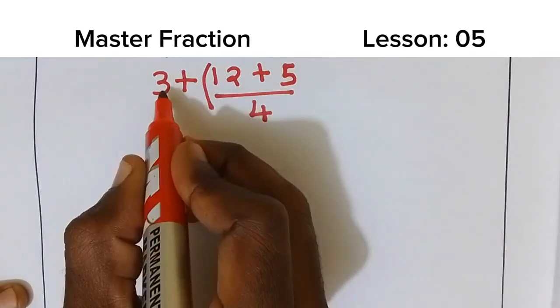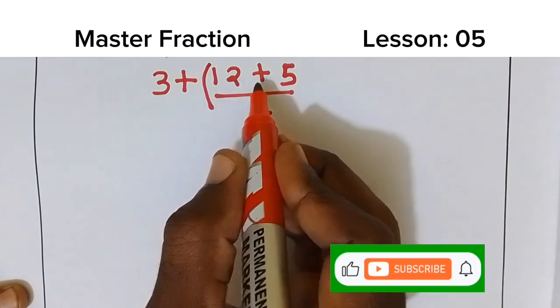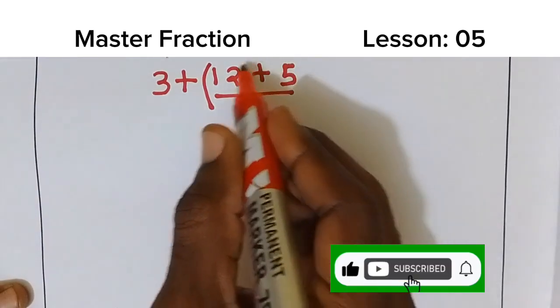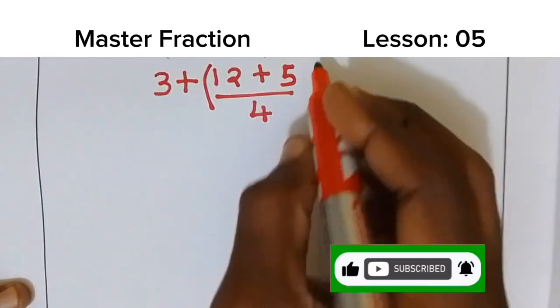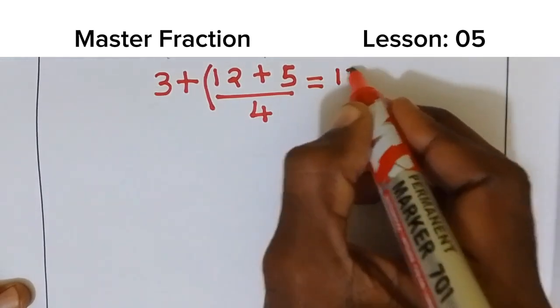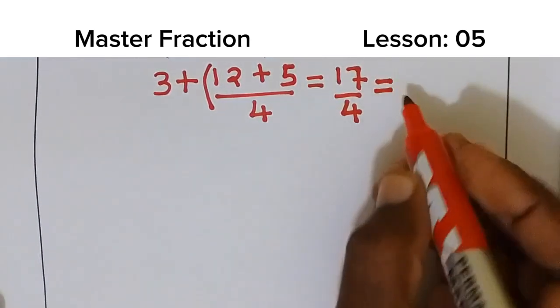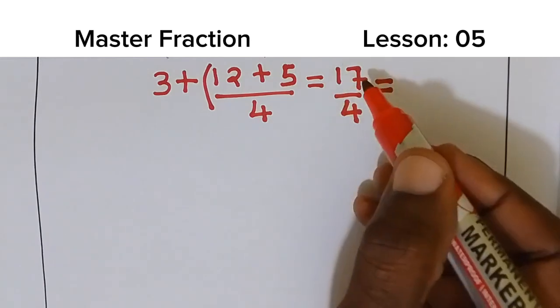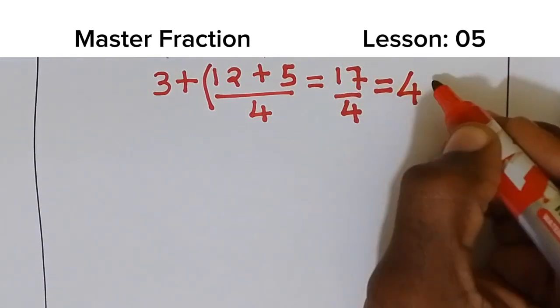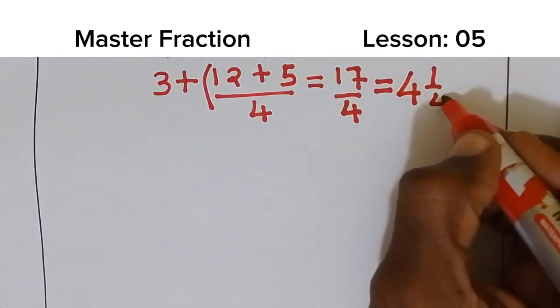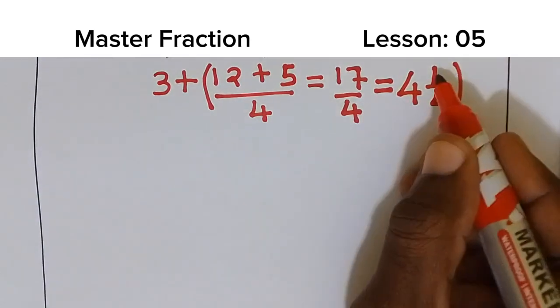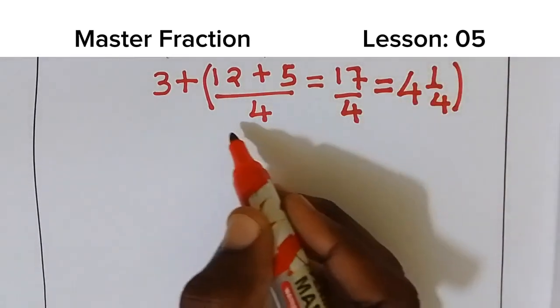Now we have 3 plus 12 plus 5 over 4. So when we add this fraction, 12 plus 5, we are going to get 17 over 4, which when I change it into mixed number is going to be 1 over 4. So I'll take this mixed number plus this whole number.